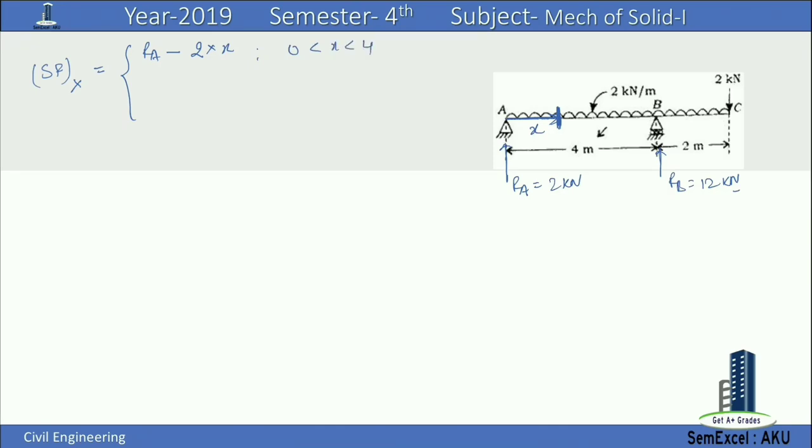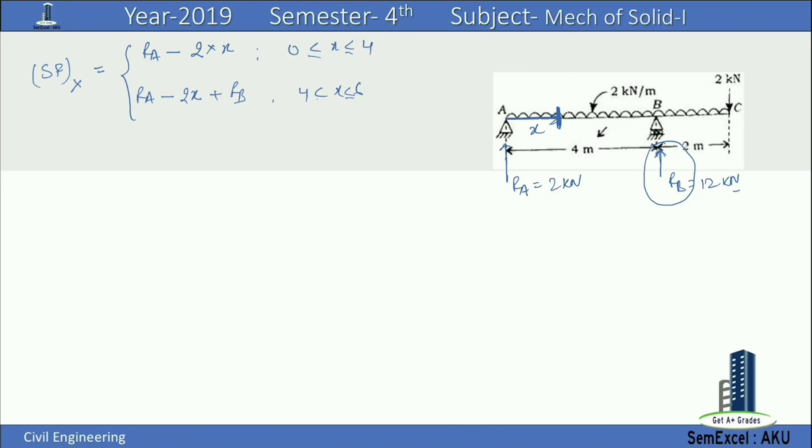Now if x is in between 4 to 6, then in that case the shear force will be equal to RA minus 2x plus RB, because we have RB load here.